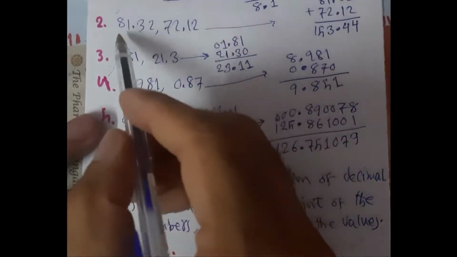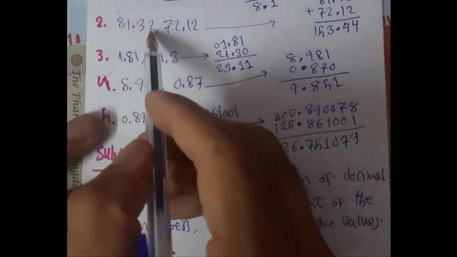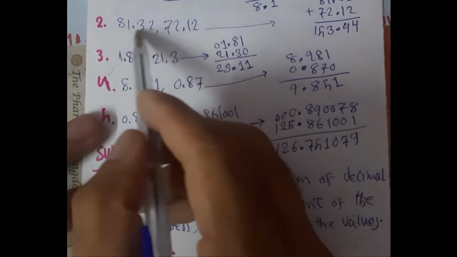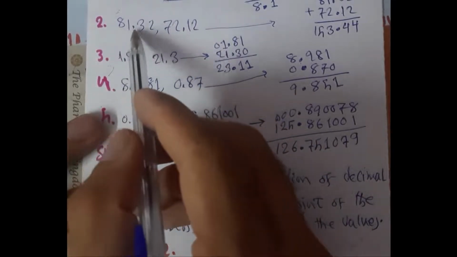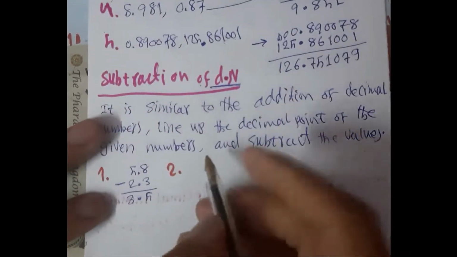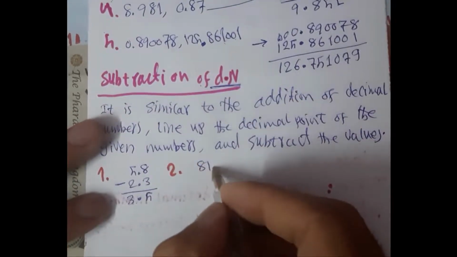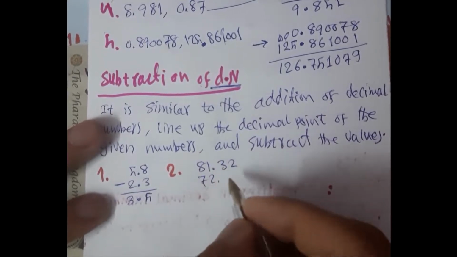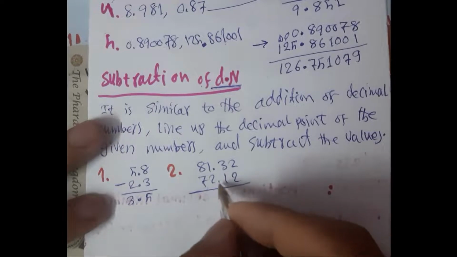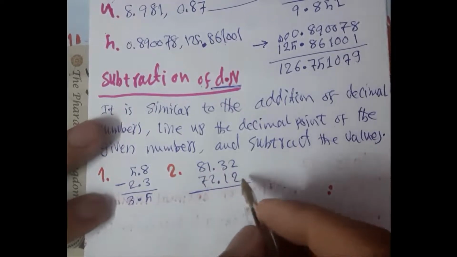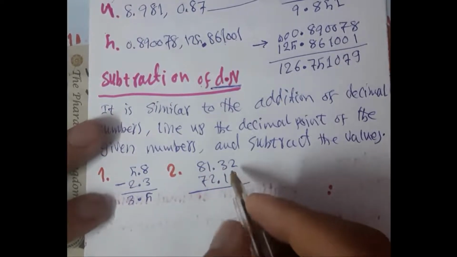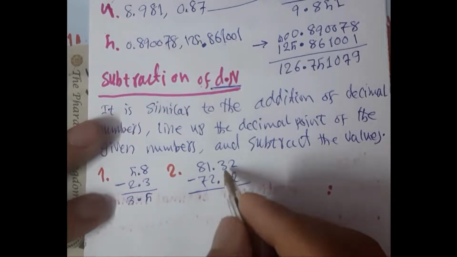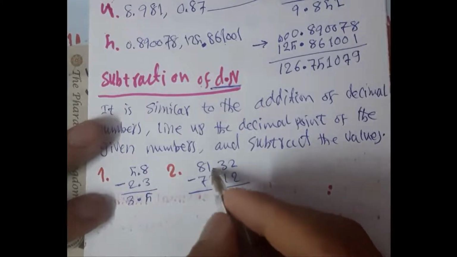Question 2. We have 81.32 and 72.12. Which one is bigger? 81.32 is bigger. 72.12 is smaller than 81.32. So now we want to subtract these two numbers. 2 minus 2, 0. 3 minus 1, 2.